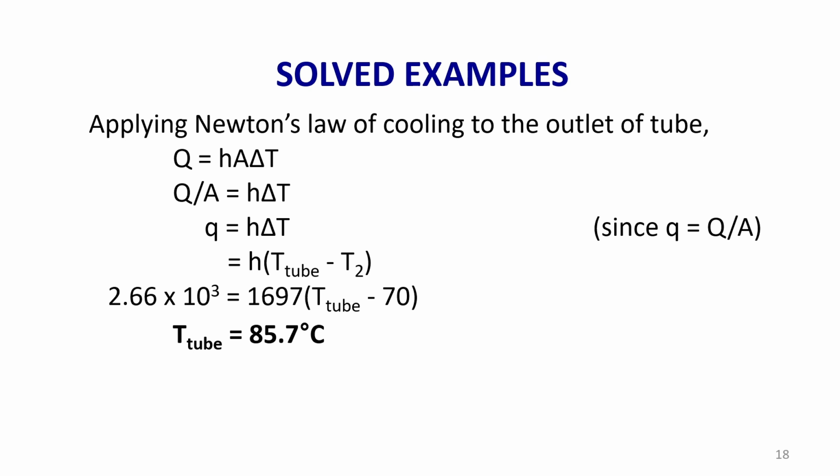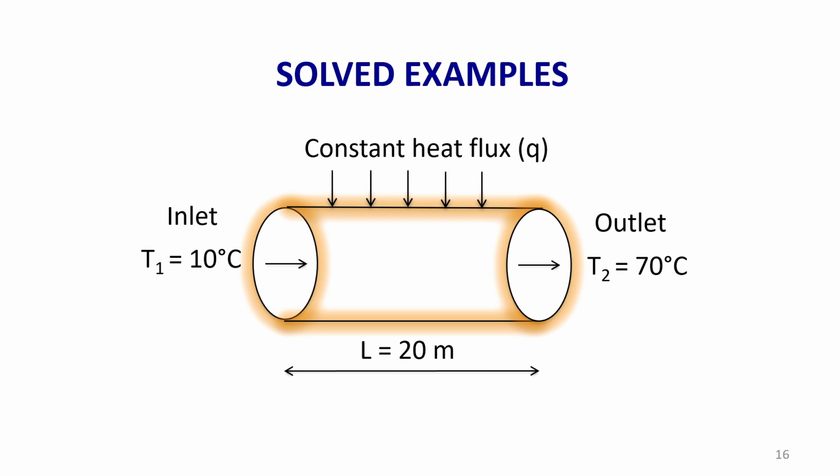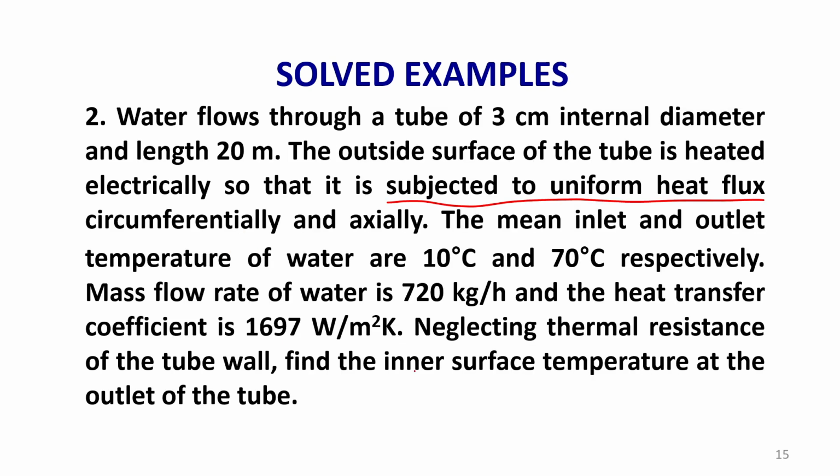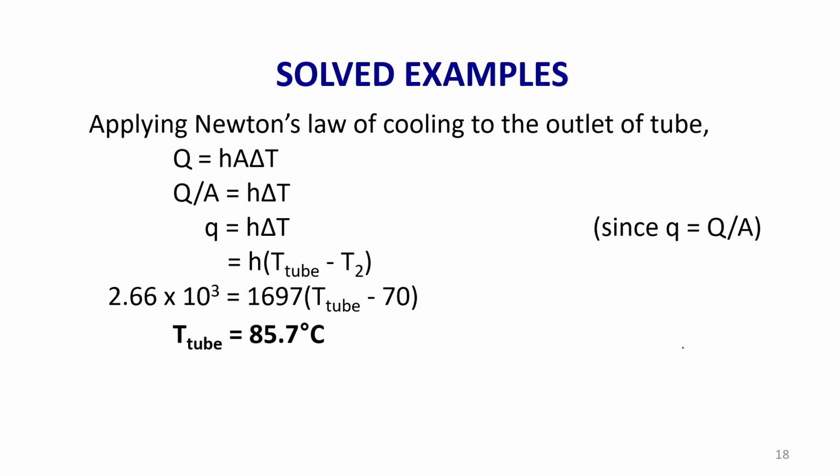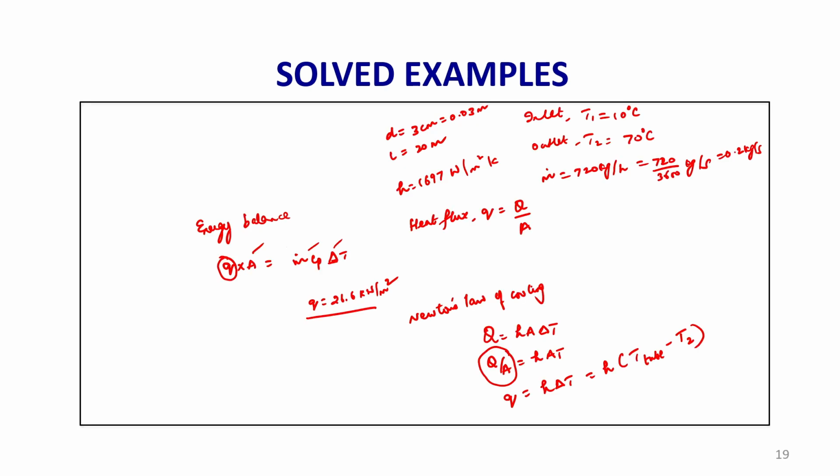Delta T is temperature, we have been asked to find the inner surface temperature at the outlet of the tube. Okay. So, delta T will be equal to the temperature at the outer surface of the tube minus T2.